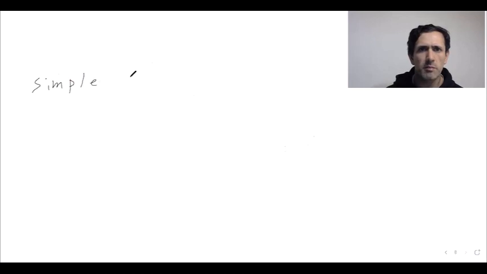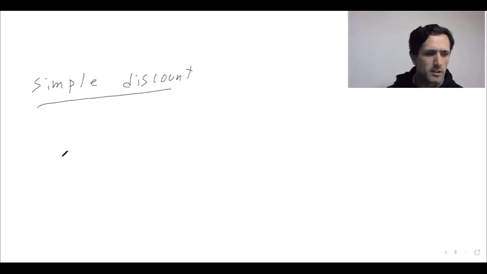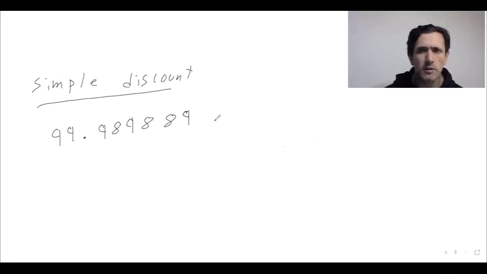It's really, again, going to be just plug and chug. 99.989889 is the price of this $100 T-bill, which is just the present value of $100. The formula is 1 minus d times 91 over 360, and remember the odd convention: it's 360 days in the year when we're doing discount.